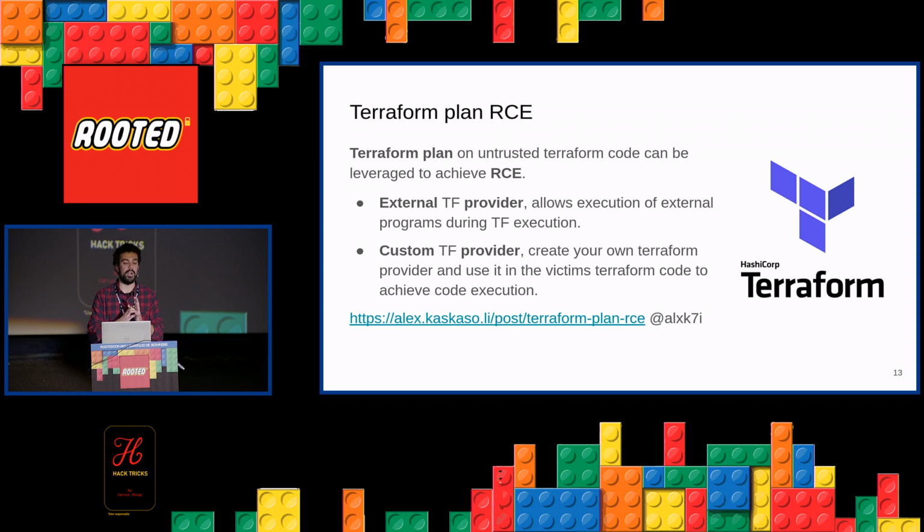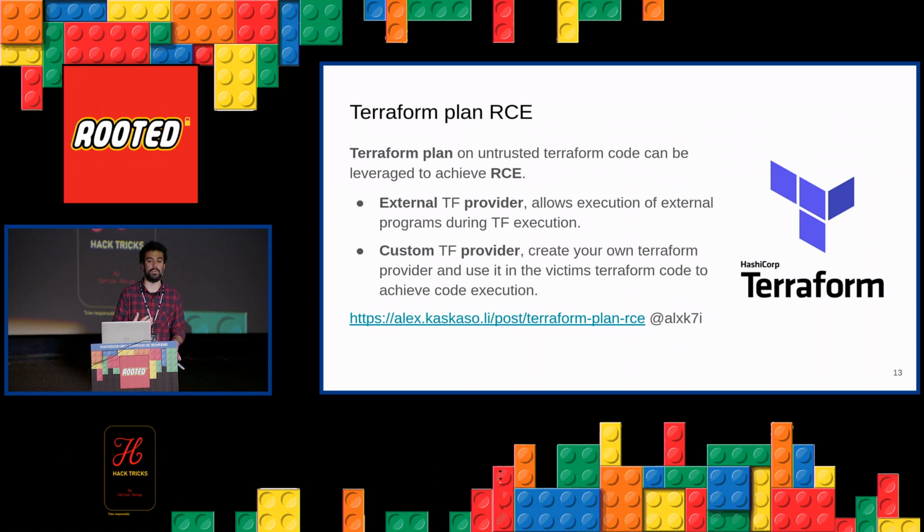Then we've got the external provider I just explained, and then we have custom providers. So it's possible to create your own providers in Terraform. There's official ones, like the AWS one, or Kubernetes providers, but you can also create your own one. A provider is nothing else than just an API client.